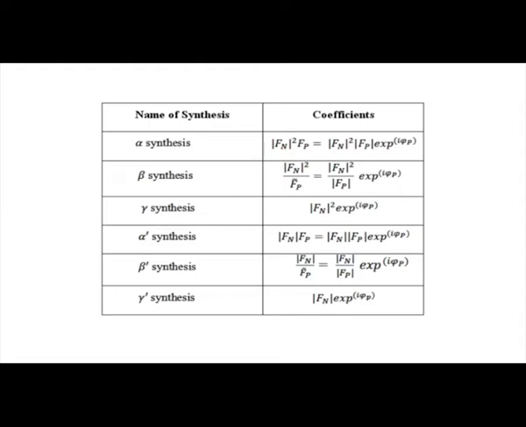These syntheses have been analyzed for their peak strength and positions for non-centrosymmetric structures. Already in the beginning of the lecture, I told you what is a non-centrosymmetric structure. If it is a centrosymmetric structure, for every atom at xj, yj, zj, we have the same atom at minus xj, minus yj, minus zj.